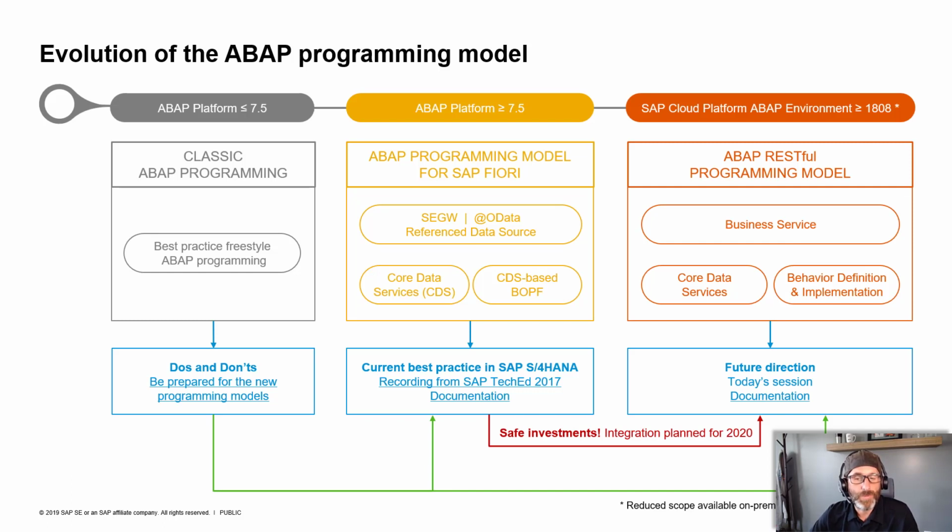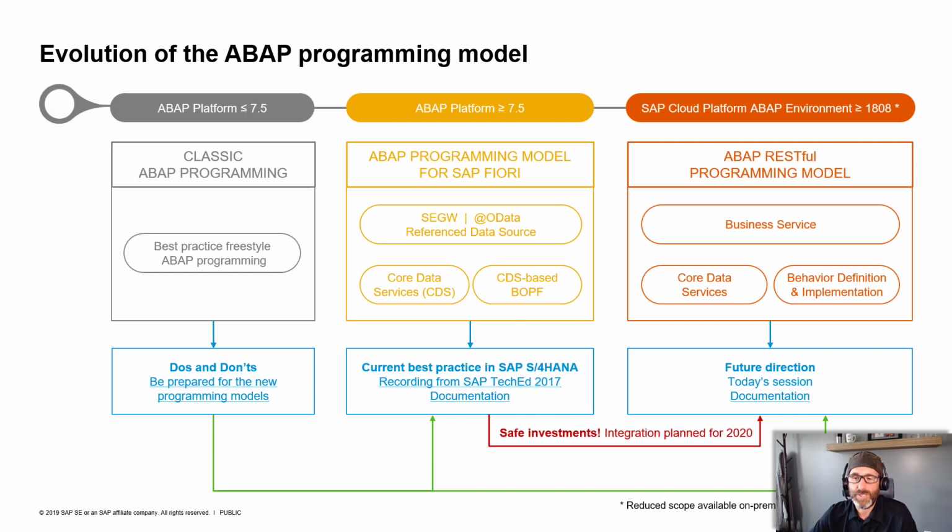Now we come to the ABAP RESTful application programming model, which we've introduced as part of the SAP Cloud Platform ABAP environment. So we did the cloud-first shipment, and then in release 1909, we shipped it on the on-prem version as well. This is clearly the direction and investment when it comes to ABAP for the future.